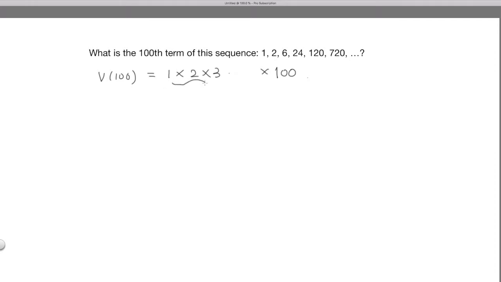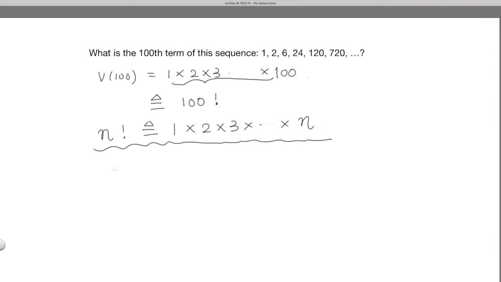For this expression, they invented something called a factorial, written as 100 factorial. In general, n factorial is defined as 1 times 2 times 3 times all the way to n. If n equals 100, you multiply all the way to 100. If it's 10, it's all the way to 10. And this is called a factorial.